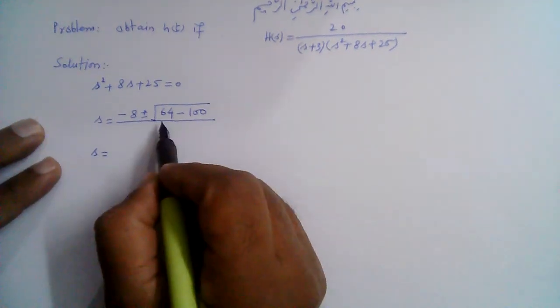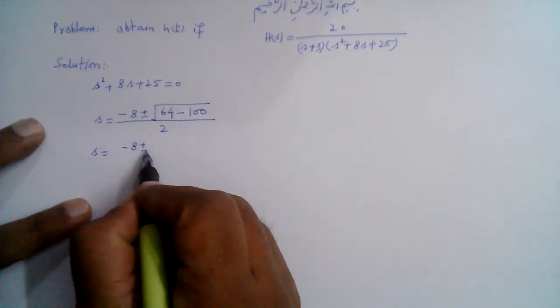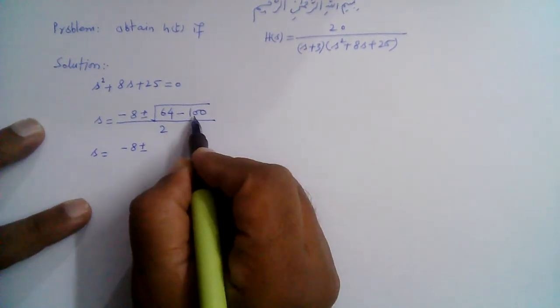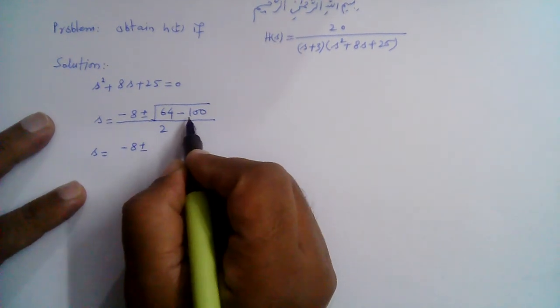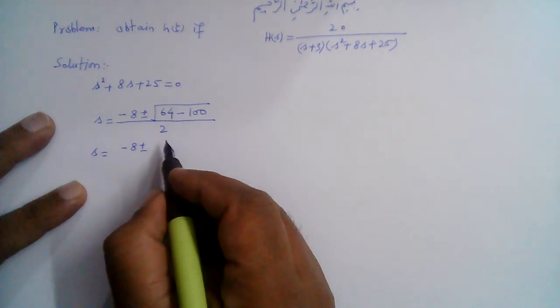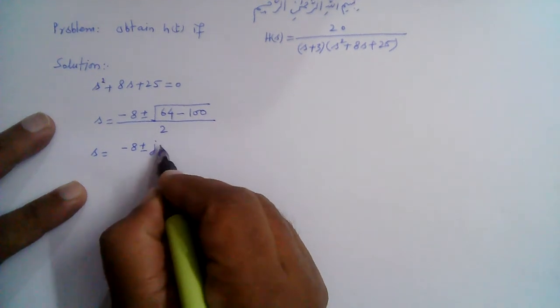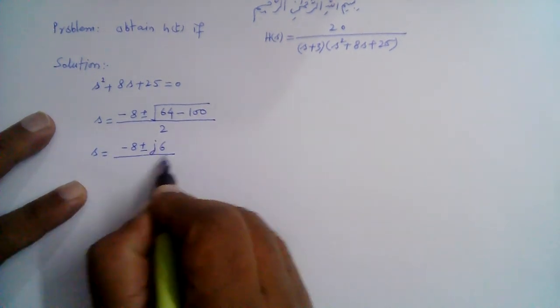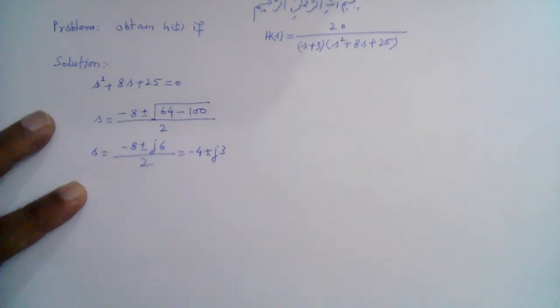As we can see, this results in complex poles, a complex conjugate pair of poles. So this is minus 8 plus minus the square root of 64 minus 100, which is minus 36, right? And this will be j6, since the square root of 36 is 6. j6 divided by 2, so that is minus 4 plus minus j3.